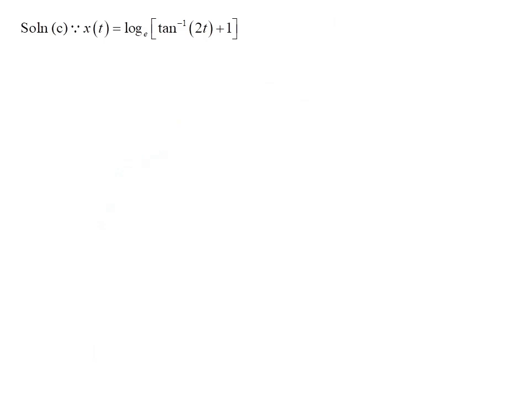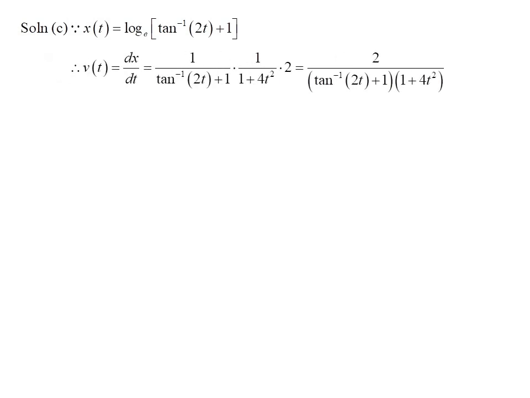The question in Part C is to find the speed of the particle when t equals 3 seconds. Based on the displacement function x of t, the speed function can be found by differentiating x of t with respect to t. So v of t equals dx by dt, which equals 2 times the reciprocal of the product of (arctangent of 2t plus 1) and (1 plus 4t squared).